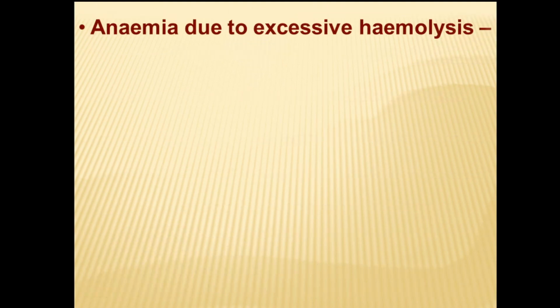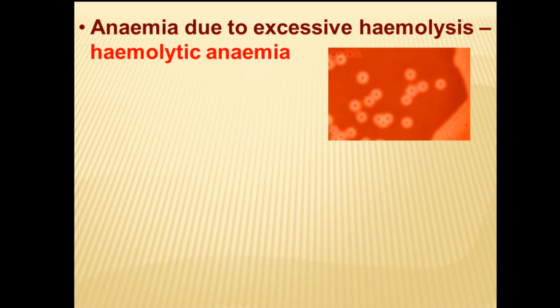And the next group is anemia due to excessive hemolysis, named hemolytic anemia, which appears due to intensive destruction of red blood cells. But in clinical practice, we'll often meet mixed anemia: iron deficiency combined with B12 deficiency, B12 deficiency combined with hemolytic, and any other combination.